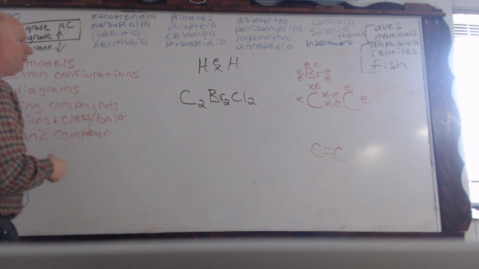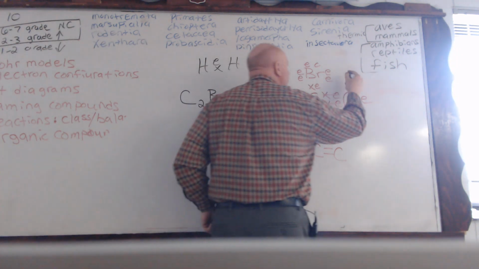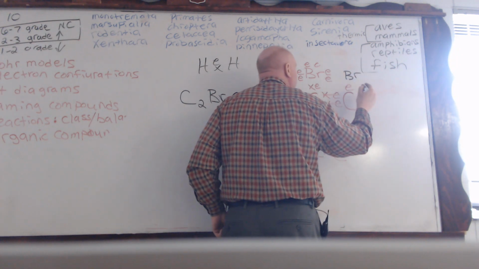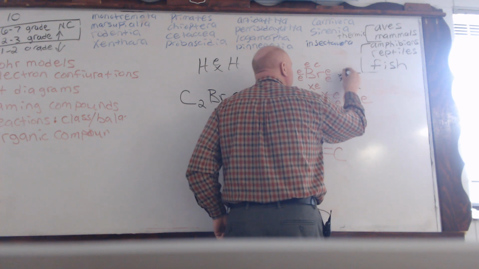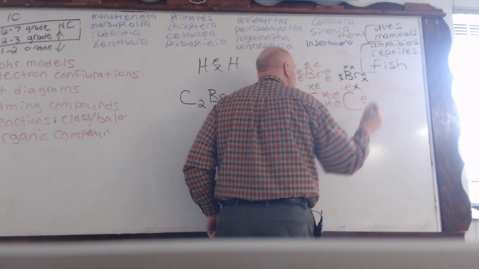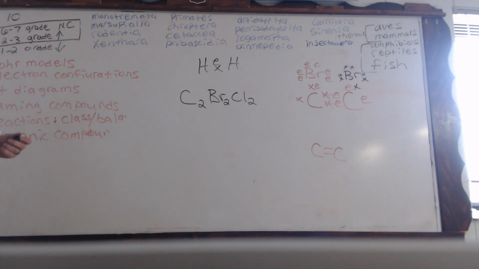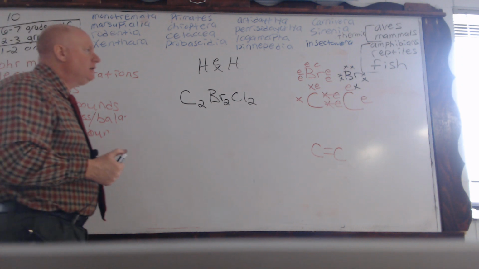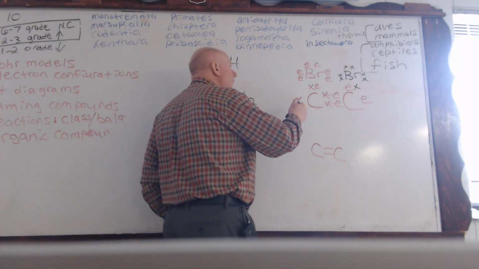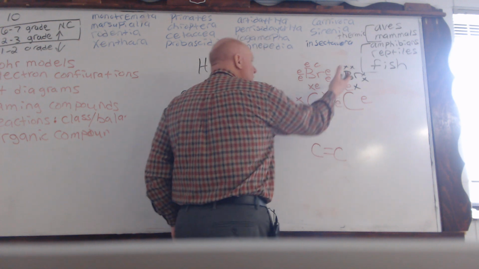Why don't we do this then? It looks like it is, but they should be far enough away, because bromine can't double bond. Space them out more. That's why it's in a different color.